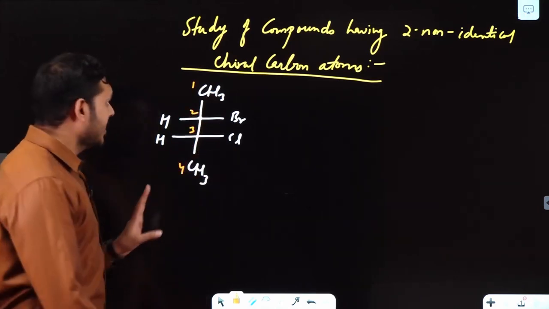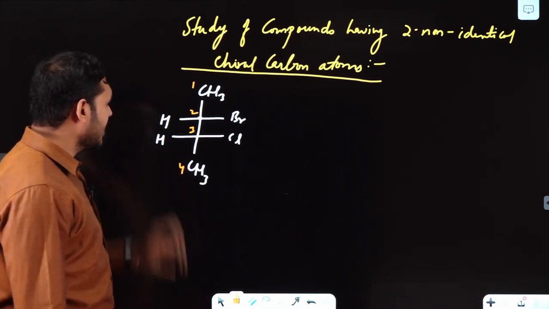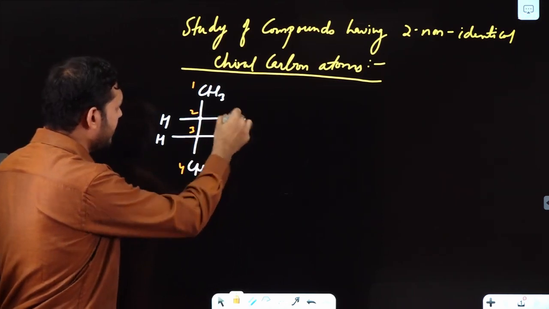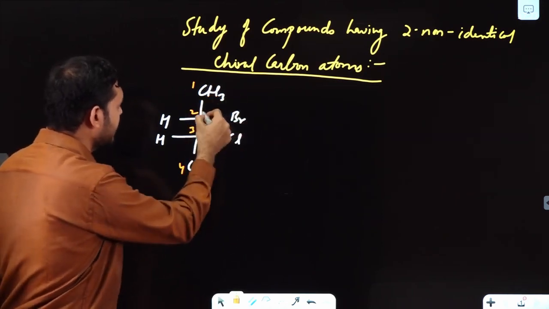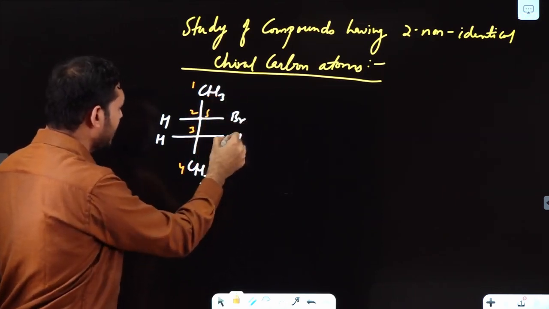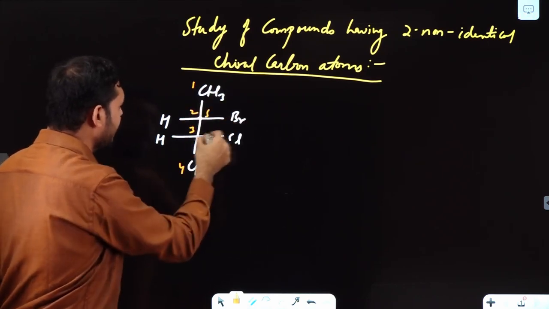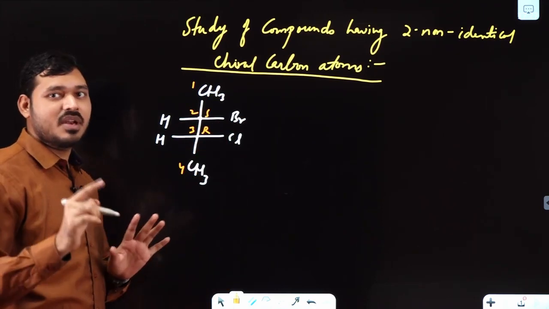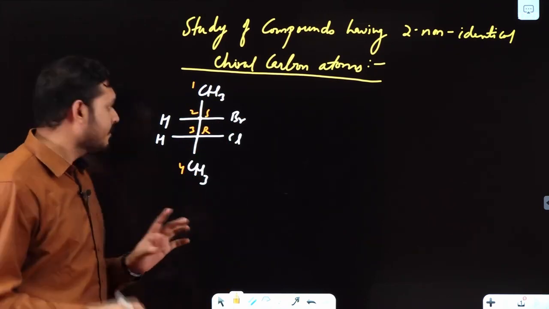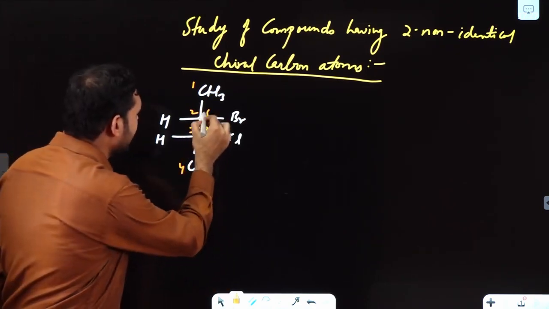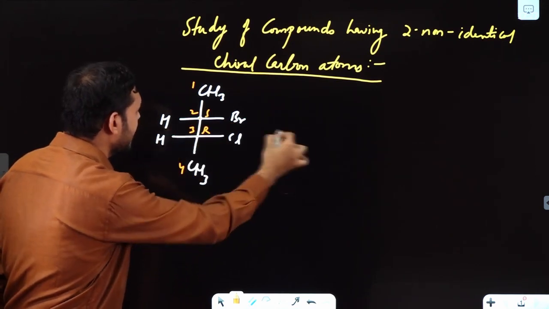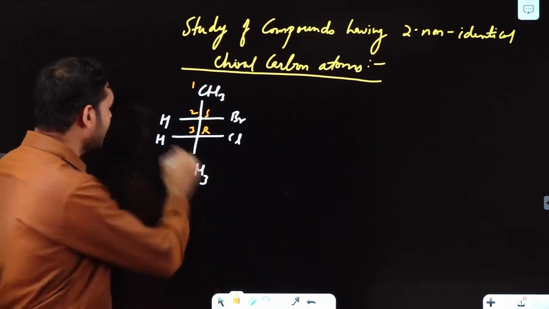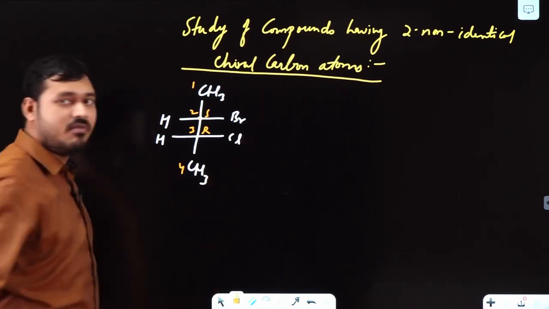Clear? Now if I check the configuration, this bromine will be first, then the downside will be priority. Clockwise, reverse, S. Now this one, 1, 2, anticlockwise, reverse, clockwise, R. Now students, what happens? If you remember the meso part, if this chiral center was S, the other was R, and they bore a mirror image relationship, it was meso, and a plane of symmetry was present. But here, no such plane of symmetry will be present.